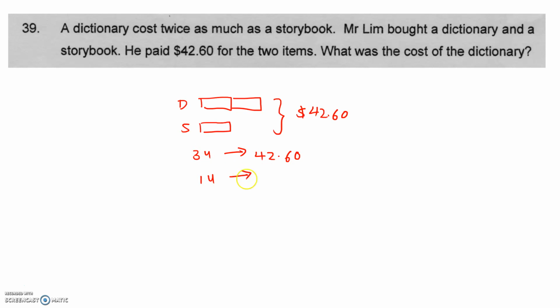Then 1 unit will give you 14.20. Now we are looking for dictionary. Dictionary is 2 units. So 2 units will be 28.40. This is your answer.